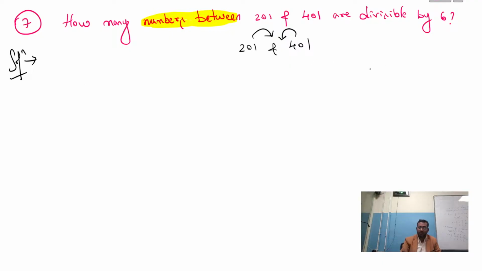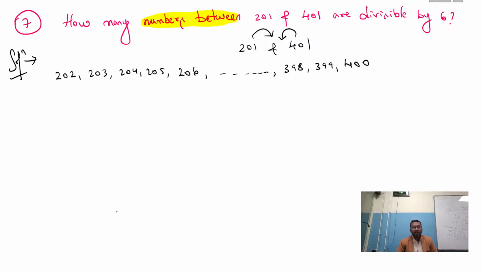Example, after 201, which numbers may we get? 202, 203, 204, 205, 206, and so on. Before 401, let me take a few numbers before that: 398, 399, 400. Like this, we have so many numbers after 201 and before 401.